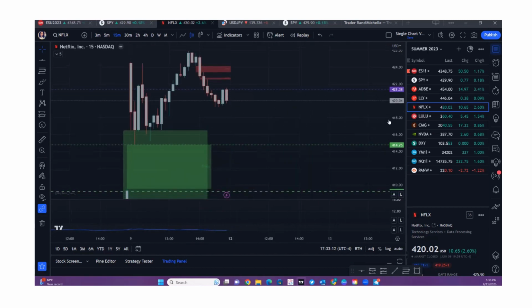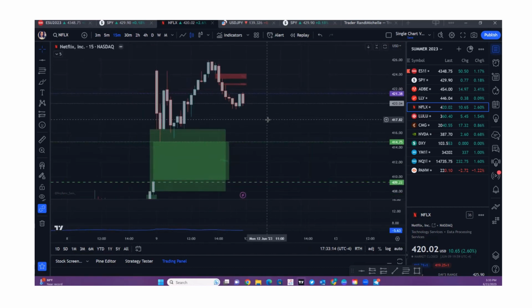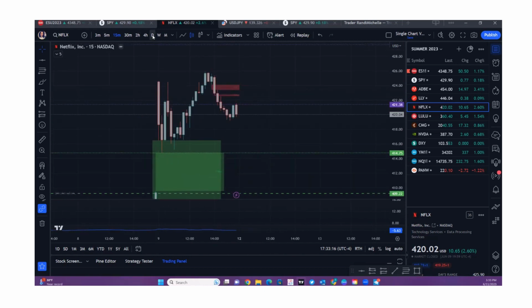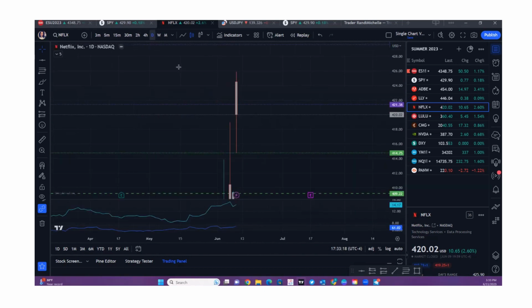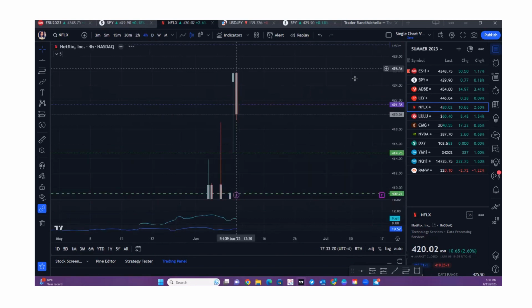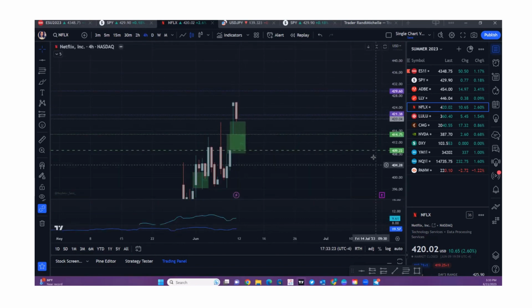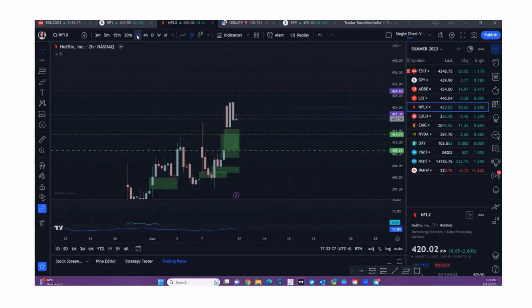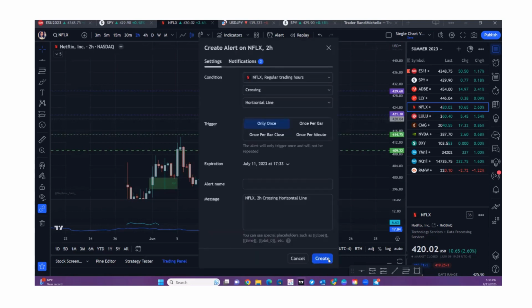You just have to catch it, and that's the hardest thing, catching it. So yeah, I want to say Netflix probably has a move that we could potentially make. Looking at that on the 4-hour, that looks like a downward move, but we'll see if it wants to turn around or come up. I'll put an alert right here. Try to catch it as it fills the gap down.